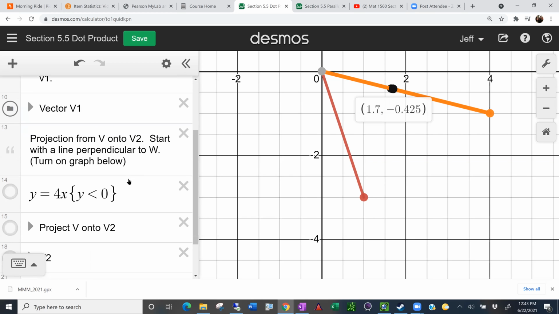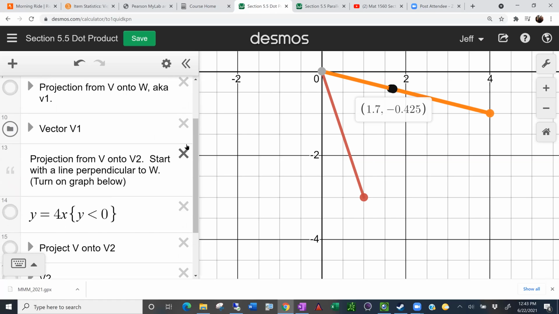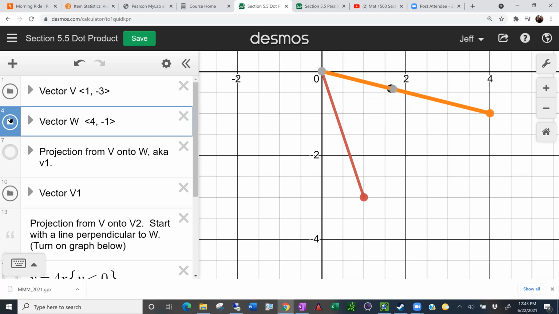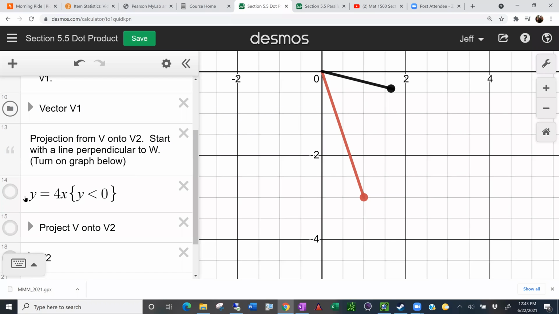I don't know why. Now we need to figure out the other part, the part that's perpendicular to this. In fact, let me just shut off vector W at this point. That's our vector V1. The rest of this is going to be the projection onto something perpendicular. So I want to take and project this down over here to get something perpendicular, like that.